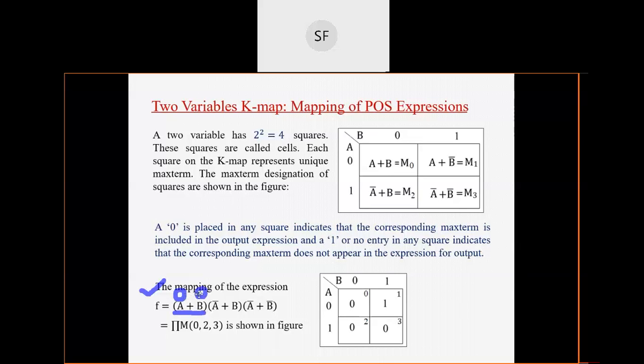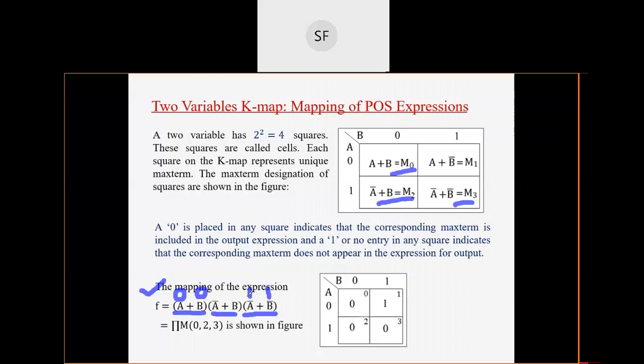So now this max term will become 0 0, that means m0. Similarly, let's say I have taken this, so the complemented variable will be taken as 1. Again b is also complemented, so again 1. So this 1 1 is nothing but max term 3, and this intermediate one is max term 2.